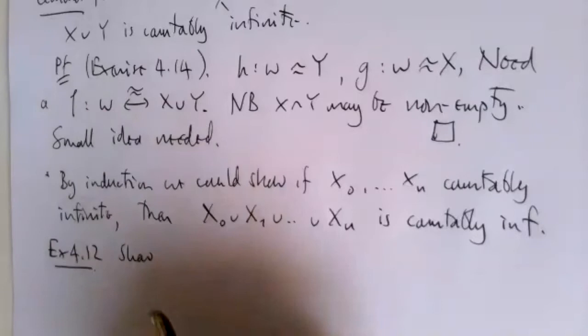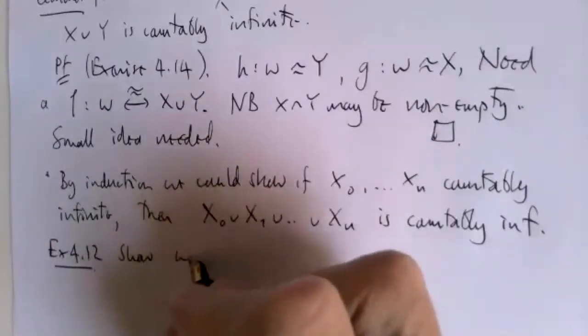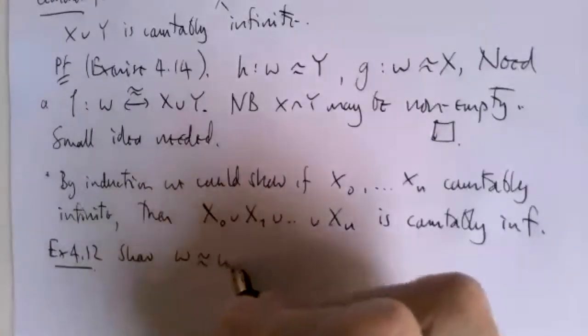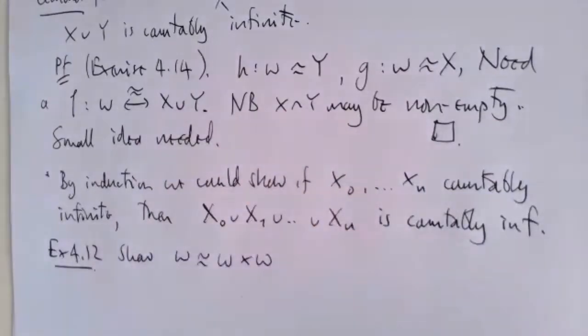Well, exercise 412 says show that there's a bijection between omega and omega cross omega, this Cartesian product. And indeed, actually, the hint gives you the answer.